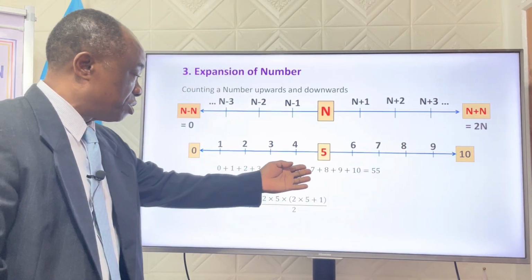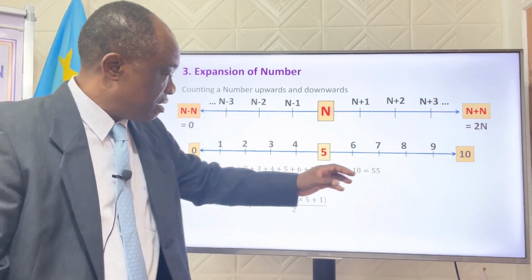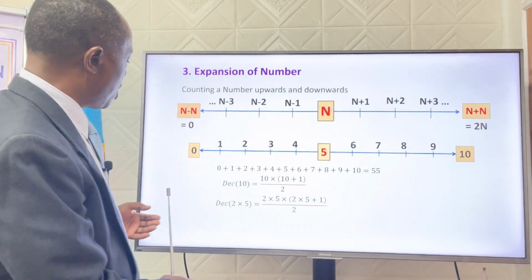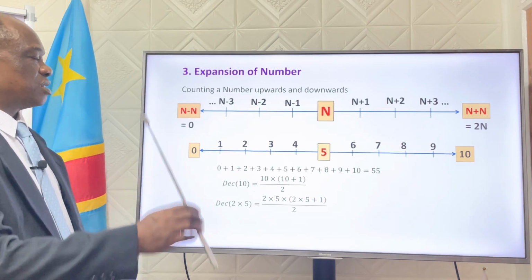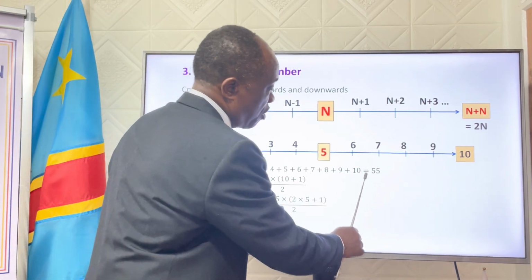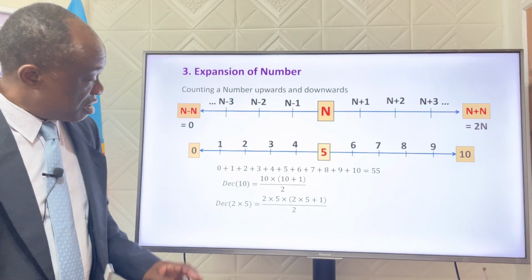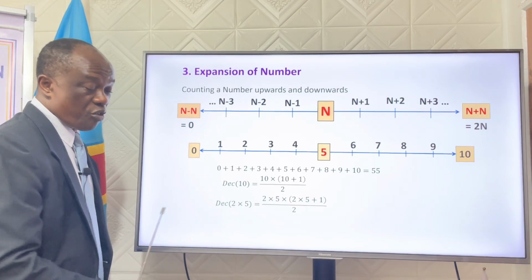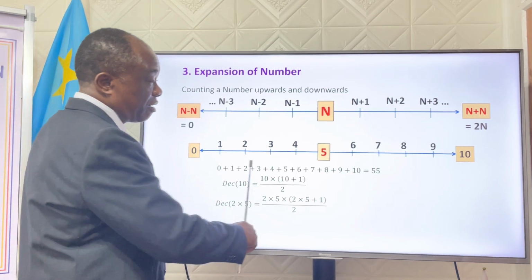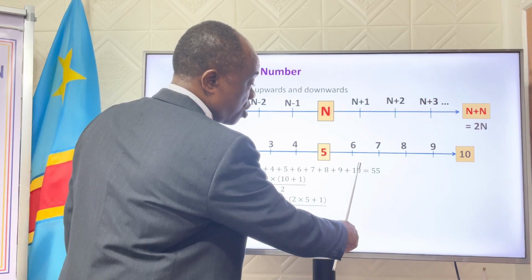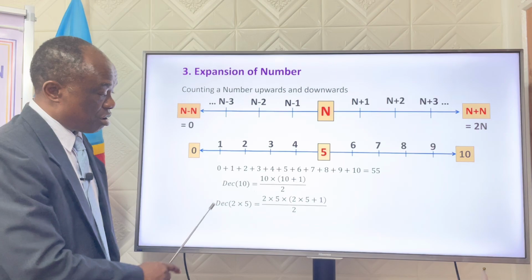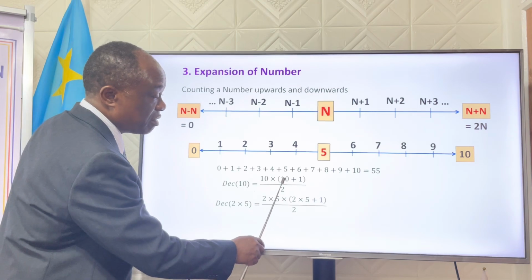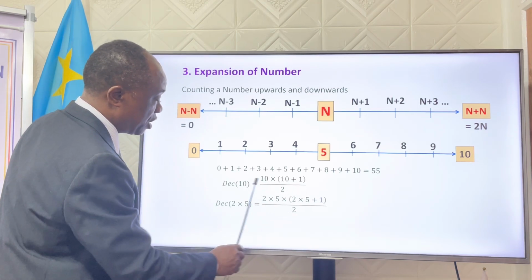Of course, when we do it in a very conventional way, like kindergarten students, we get 0 plus 1 plus 2 plus 3 plus 4 plus, and it gives us 55. But now, as maybe grown-up people, we have to formulate this. We are calculating the deceleration of 10. Therefore, the deceleration of 10 is 10 times 10 plus 1 divided by 2.